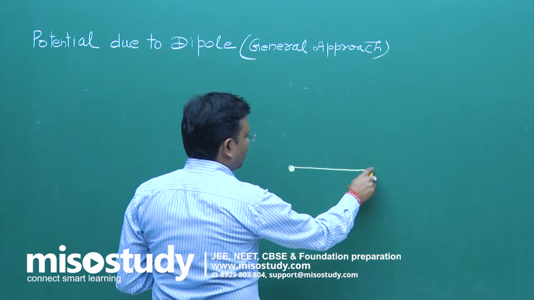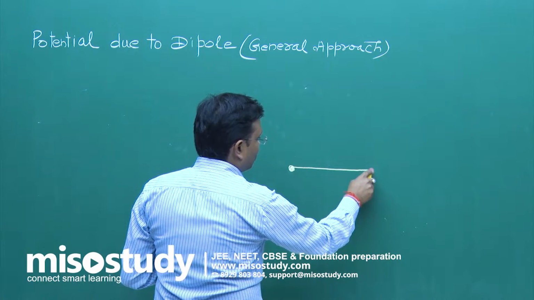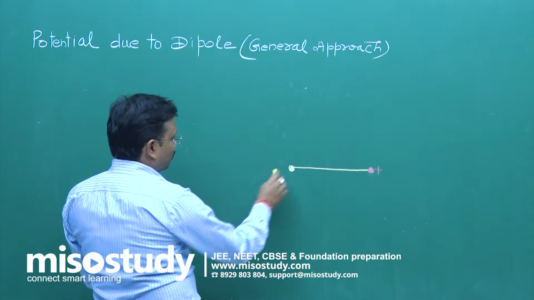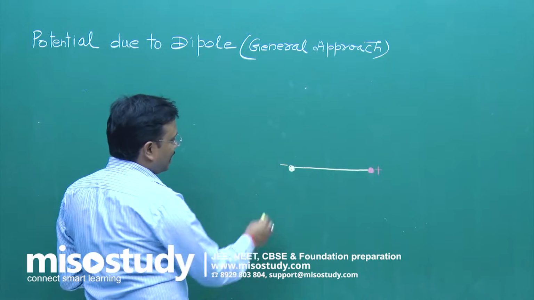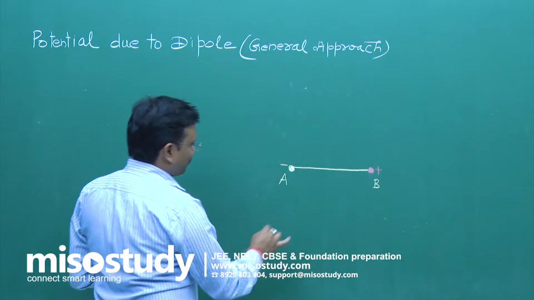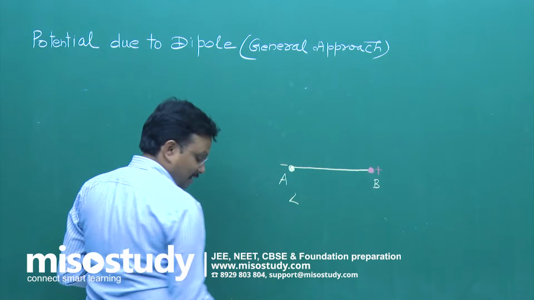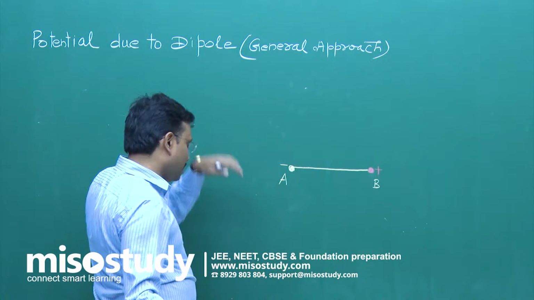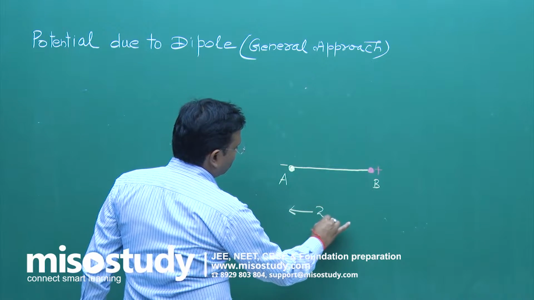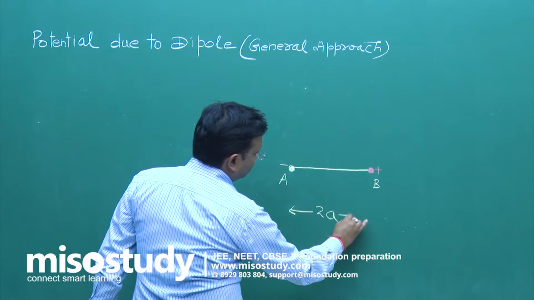Let us say this is red color, means positive, and this is going to be the negative charge. Let us say this is point A, this is point B. Let us say the distance between A and B is 2a. Fine.